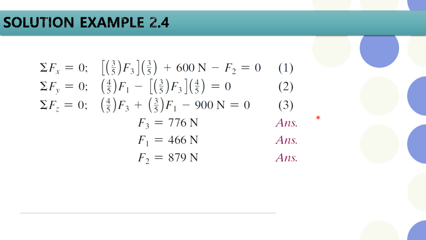Notice now we have 3 equations, 1, 2, 3, which perfectly allows us to solve for our 3 unknowns. So solving the math, we will get force F3 equals 776 Newton, F1 equals 466 Newton, followed by F2 equals 879 Newton.